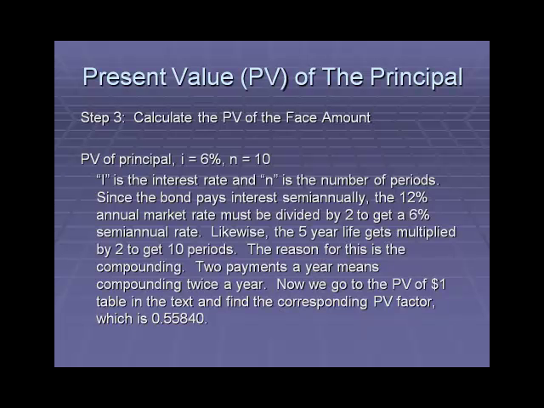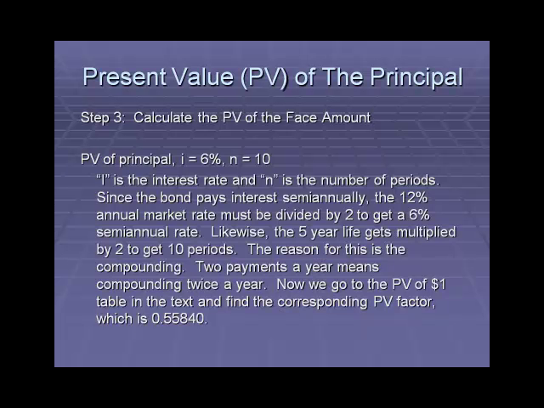Since the bond pays interest semi-annually, twice a year, the 12% annual market rate must be divided by 2 to get a 6% semi-annual rate. Likewise, the 5-year life gets multiplied by 2 so that we have a total of 10 periods.